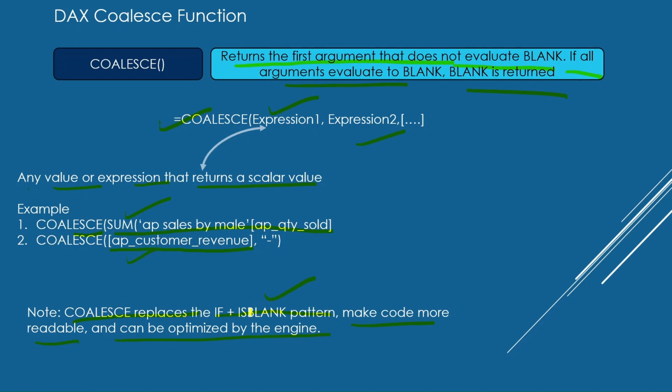Whenever it is associated with an IF condition, then in the IF condition we are checking that a particular measure or particular column is blank with the help of this blank value. If it is blank, then return any specified value. If it is not blank, then return whatever the measure or value is.